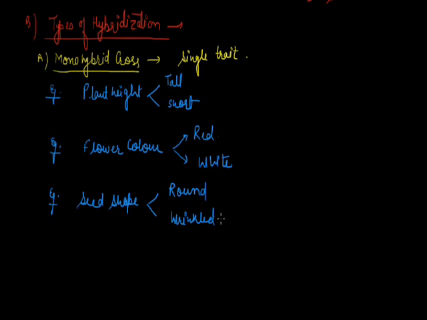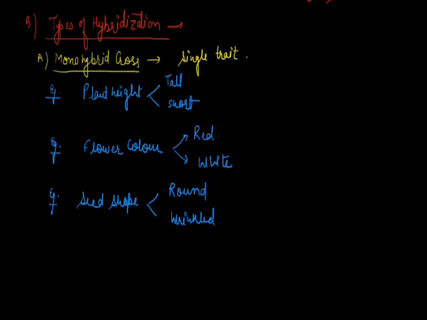Such characteristic features are studied individually. That means if I am talking about plant height, the rest of the character features are negligible and I'm not going to study them. If I'm taking only a single characteristic feature and concluding the result about it, then it's a monohybrid cross.